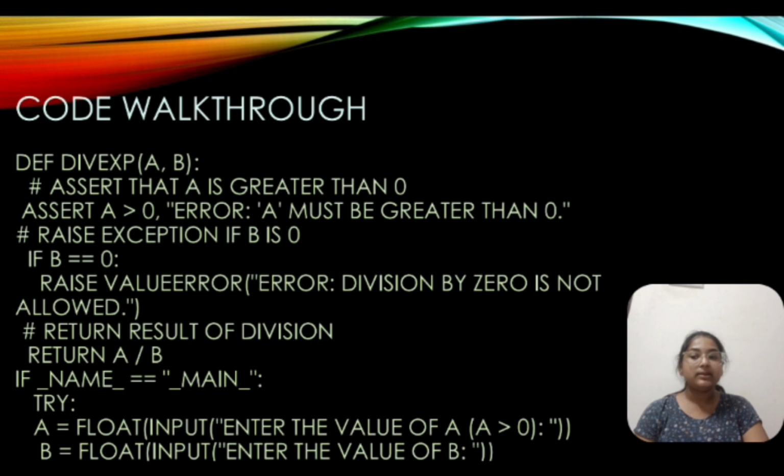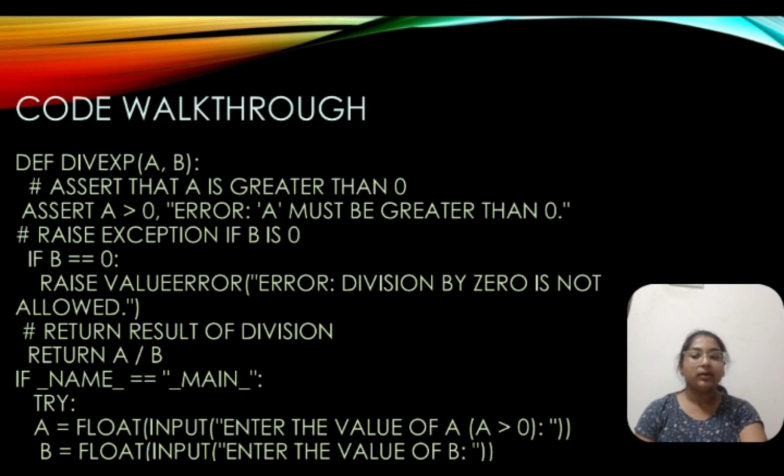So assert a greater than 0, comma, using quotes we have to type the error message "a must be greater than 0". Next, raise exception if b is 0. If b is equal to 0, raise ValueError, that is error message "division by 0 is not allowed".